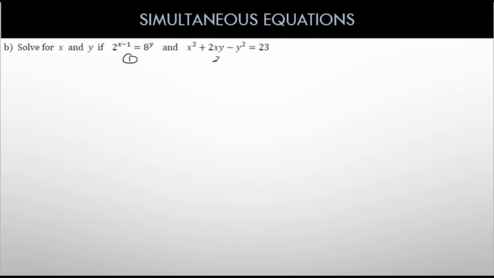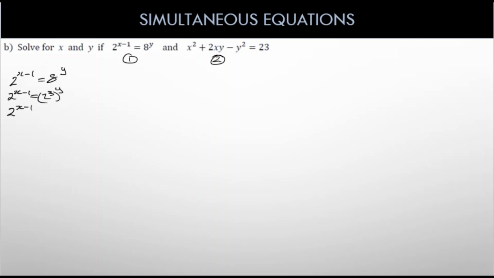The easiest one to manipulate is still equation 1, because I can see that these are powers of 2, so I'll write them as powers of 2. I'll have 2 to the exponent x minus 1 is equal to 2 to the exponent 3, and then here's the y, and then apply my laws of exponents.